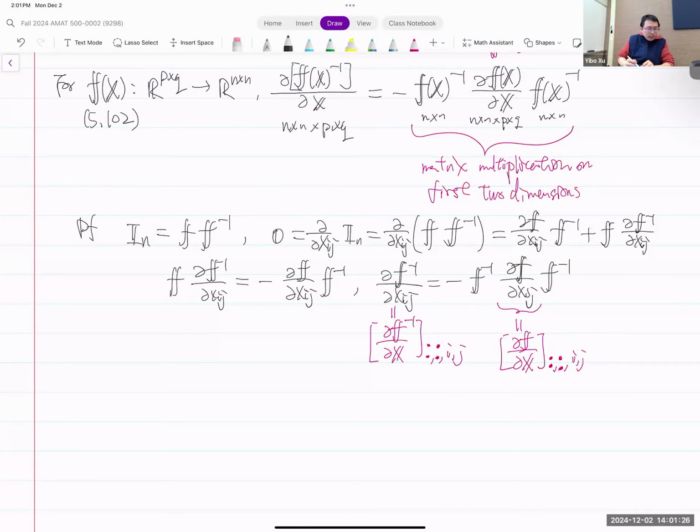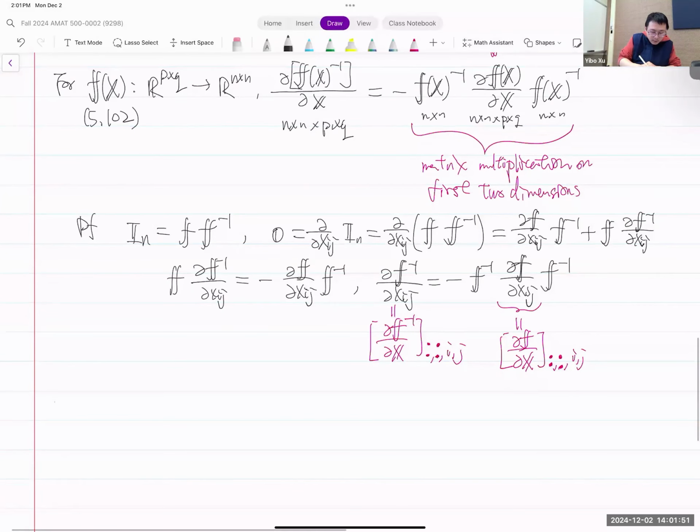Okay, so yeah, these four are related to matrix outputs. We have f of x as a matrix, so the derivative easily gets to a tensor.